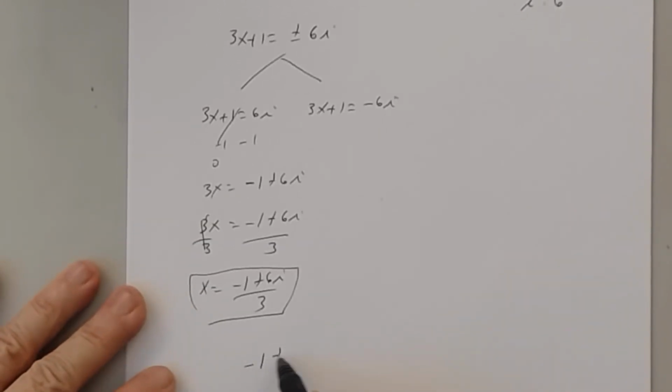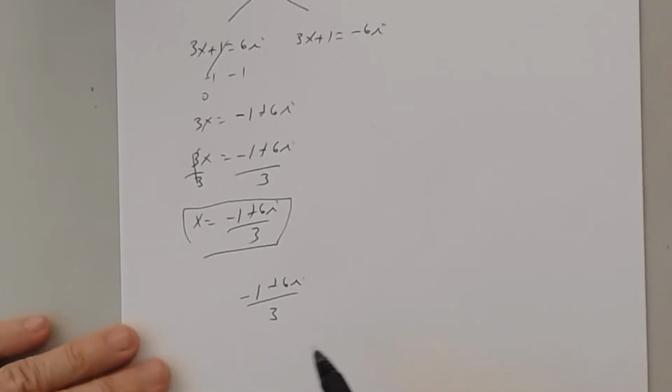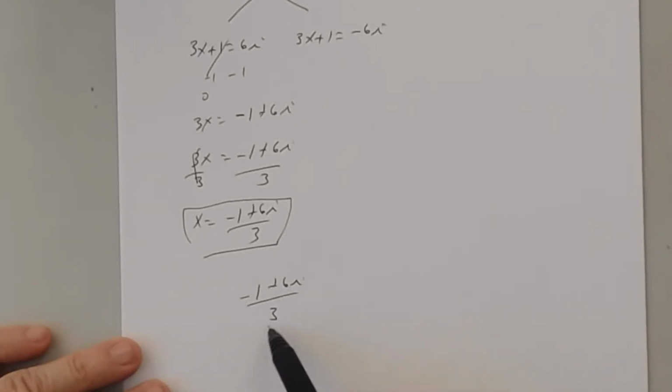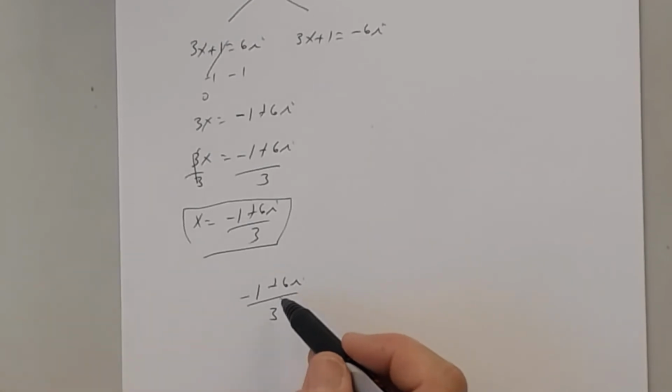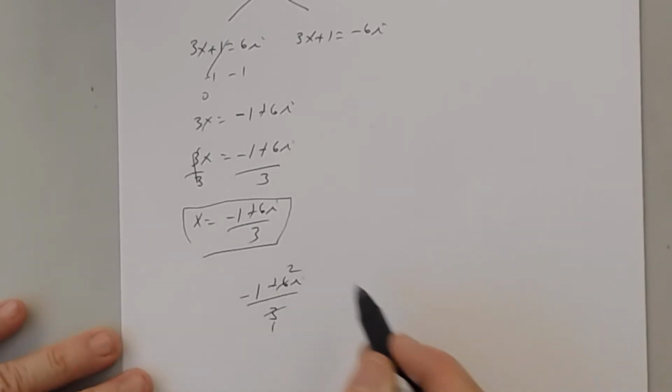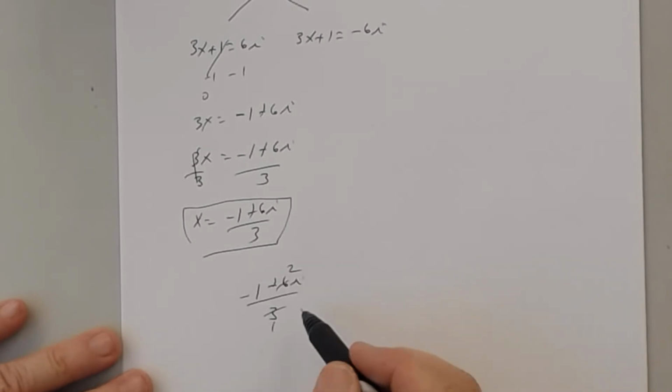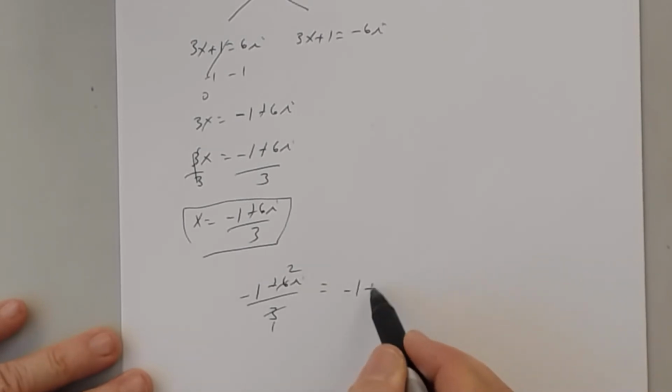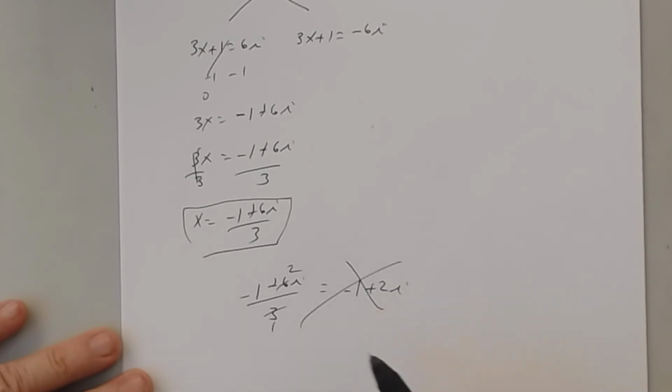Let me just say this now, because I'm afraid some of you are going to do this. Some of you are going to want to reduce the 3 into 6, because it happens. So this is a mistake. What some of you are going to do is say 3 into 3 is 1, 3 into 6 is 2, and then you're going to say that's negative 1 plus 2i. That's not true.